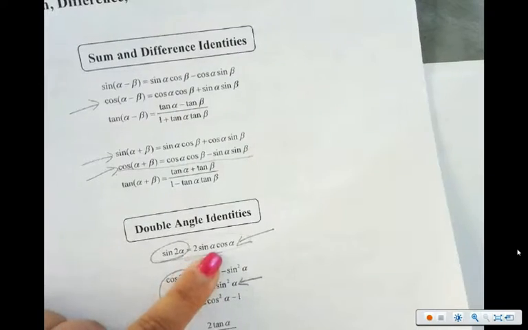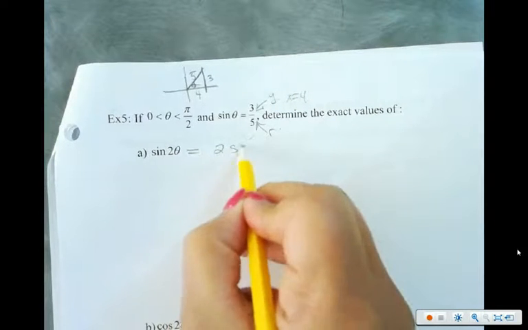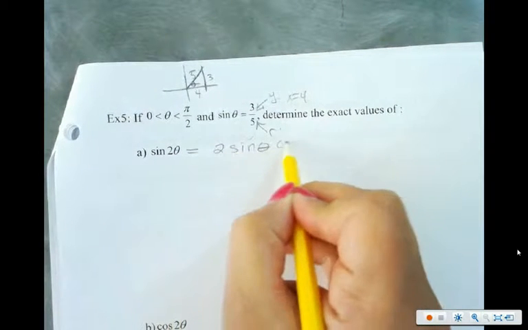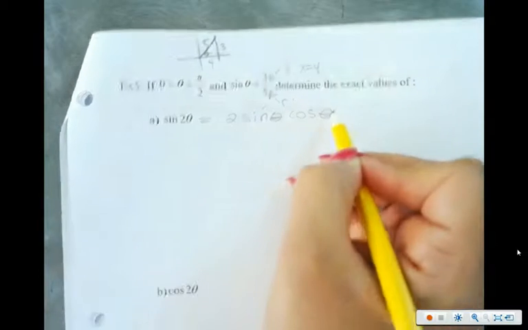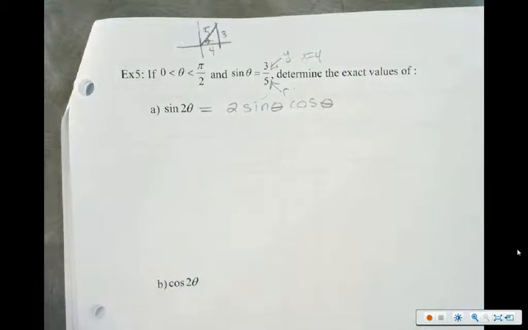So what identity do we know that we could use here? 2 sine theta cos theta. I lost my sheet. Okay, sine 2 theta. That's this one? Okay. So I can use 2 sine theta cos theta. What do we need in order to do this?